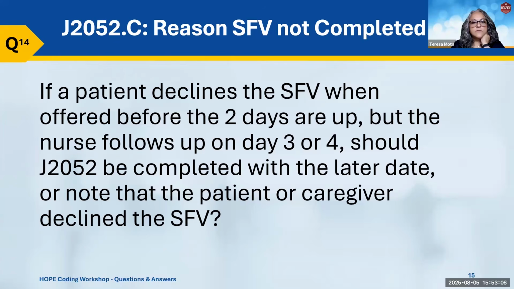So if the patient and caregiver decline the SFV, J2052A should be coded as 0, no, and J2052C should be coded as 1, patient and caregiver declined an in-person visit. And even if the nurse visits on, say, day 3 or 4, J2052 would already have been completed, and the 2 days allowed for the SFV would have already passed.